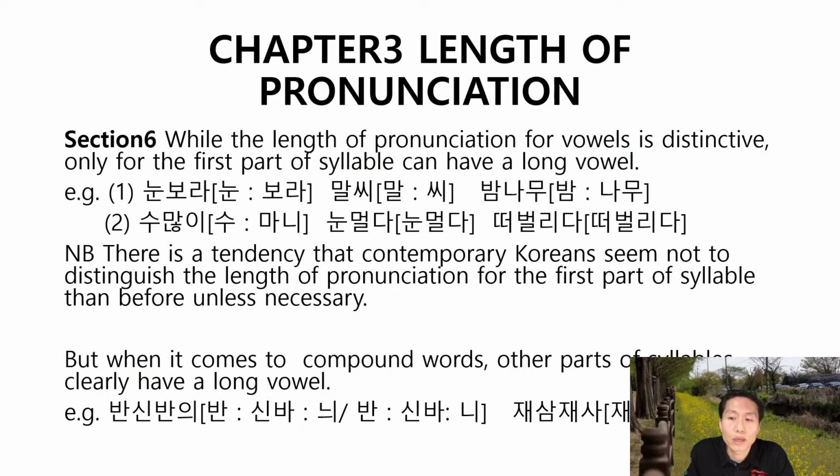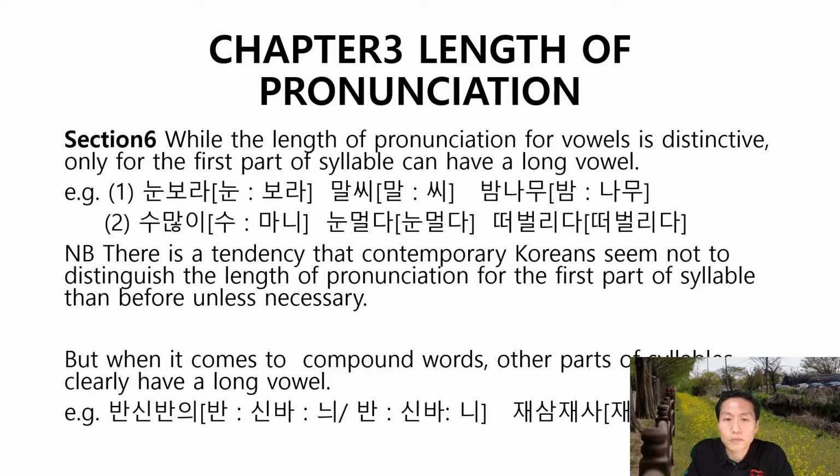Chapter 3. Length of pronunciation. Section 6. While the length of pronunciation for vowels is distinctive, that is distinguished, these days the length of pronunciation is starting to disappear, but it still exists.